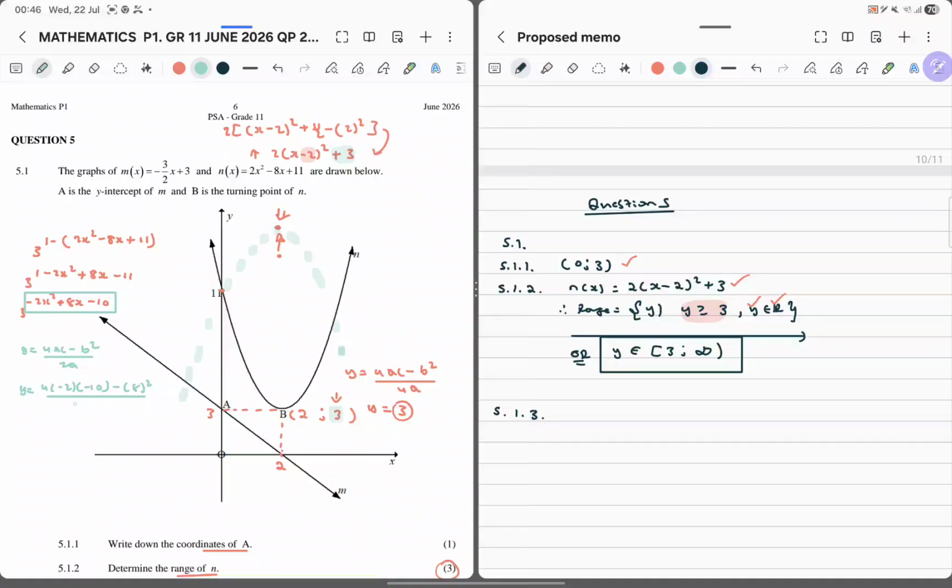All divided by 2 into minus 2. So let's see what that y value is. It better be big, or else I'm going to be angry. Right, so this is 4 into minus 2 into minus 10 minus 8 squared, all divided by 4 into minus 2.